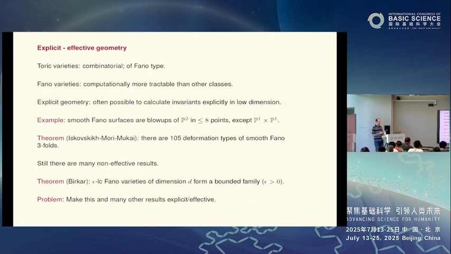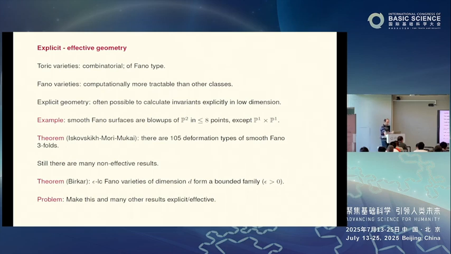If you want really to have a much deeper understanding, you need to make things more explicit, more effective. Effective would be like saying, well, all these varieties can be embedded into, I don't know, P^20 with equations of degree at most 50. If you prove something like that, then that is a much more effective, stronger statement than just proving something abstract.